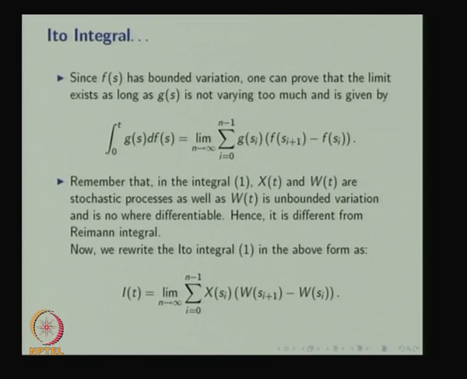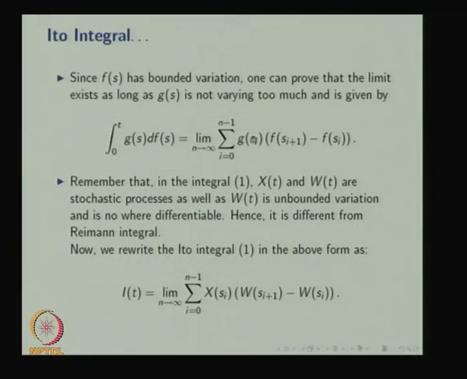The way we have written the Riemann integral, in the same way we are writing the Ito integral, where X_t is an adapted process and W_t is a Wiener process or Brownian motion, and X_t is adapted to F_t.